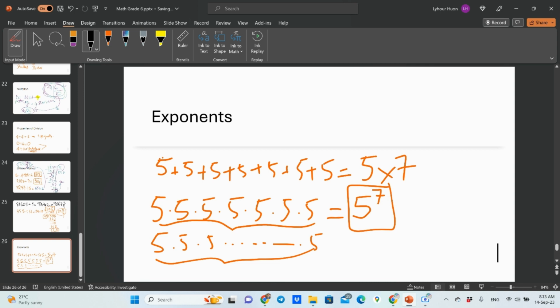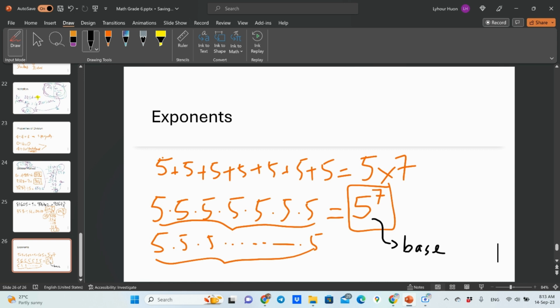As you may know, in exponents, the number 5, which is multiplied again and again, is called the base. And the 5 is multiplied 7 times.